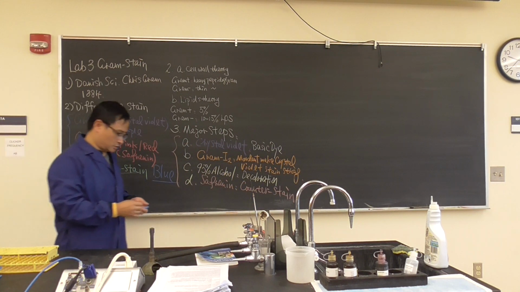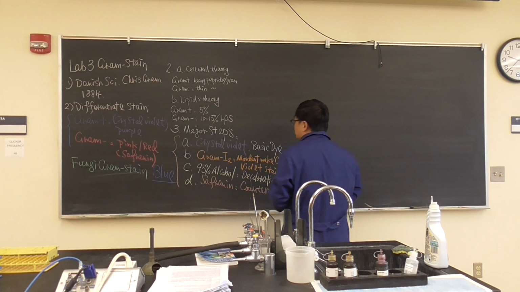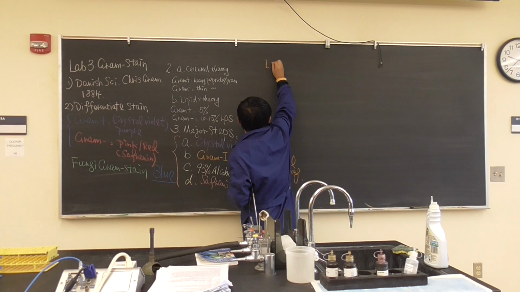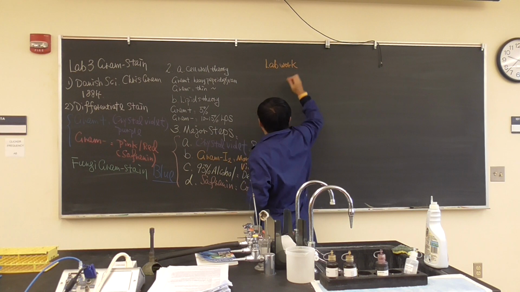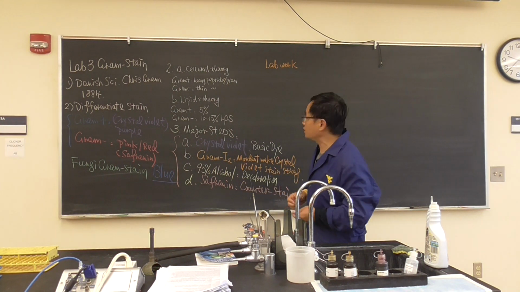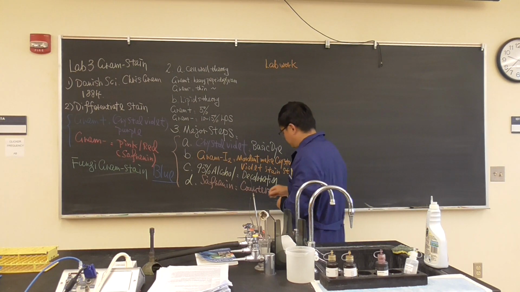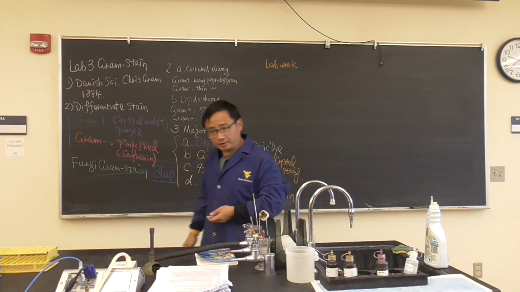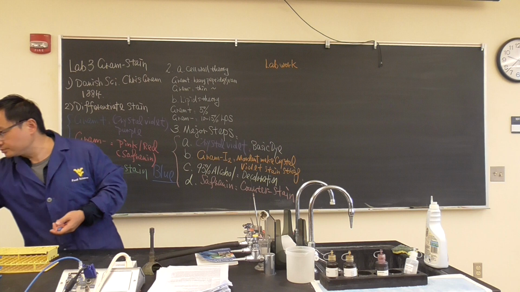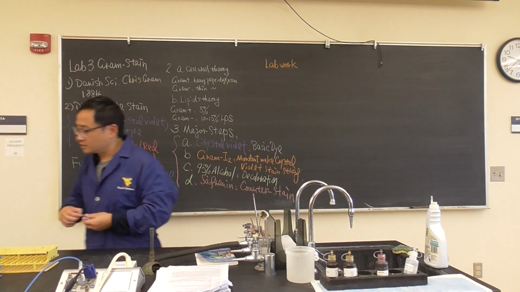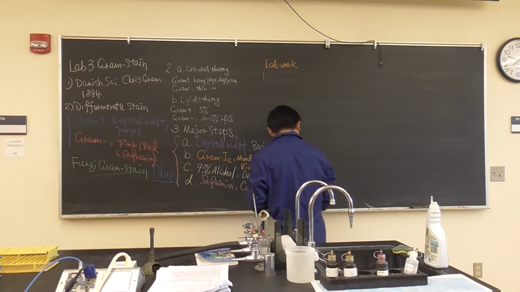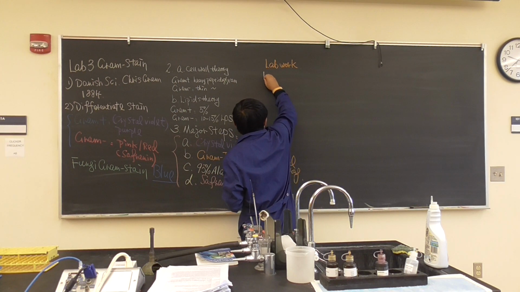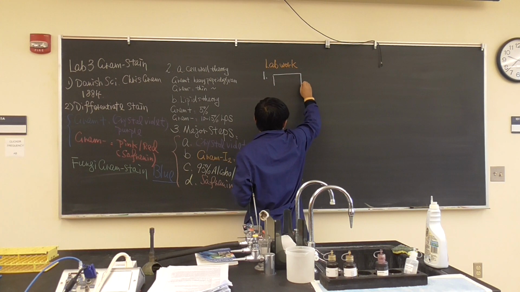Now, how are we going to do it? Today, the lab work will be very similar to what you did on Thursday, but instead of using a simple stain, we're going to do the gram stain. So this procedure is very much similar, but there's a little bit of difference, so we want to emphasize something. First of all, you're going to get a glass slide. The same thing.